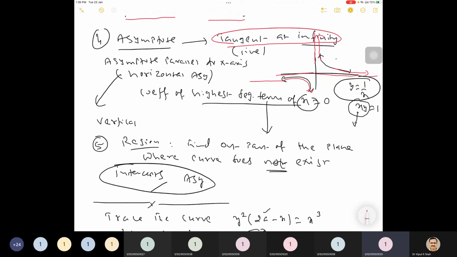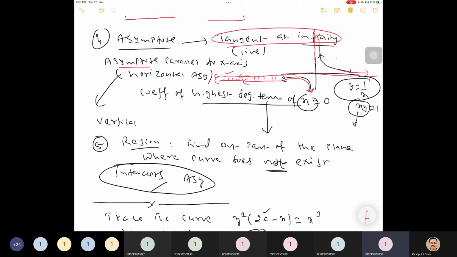You can extend this curve, and slowly it goes towards infinity, and the distance between the curve and the axis reduces. As it goes on, this distance gets reduced, and at infinity it touches the axis. That means the x-axis is an asymptote. There are two types of asymptote we need to discuss if they are there.